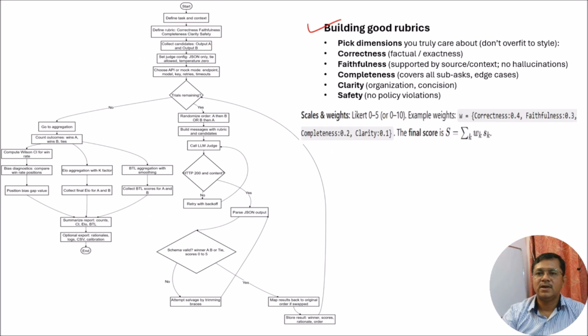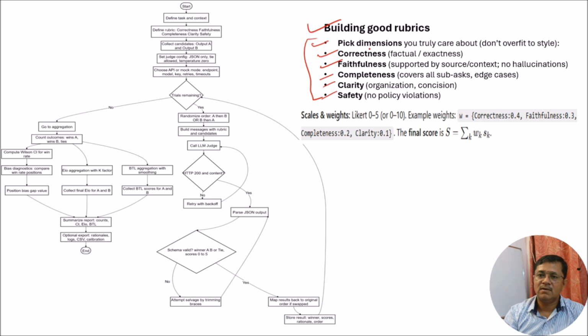Now the next important part is building a good rubric. It is very important for any evaluation. So we pick the dimensions: correctness, faithfulness, completeness, clarity, and safety. Those things we decide here, and we take the scale like 0 to 5, or we can take 0 to 10 also.